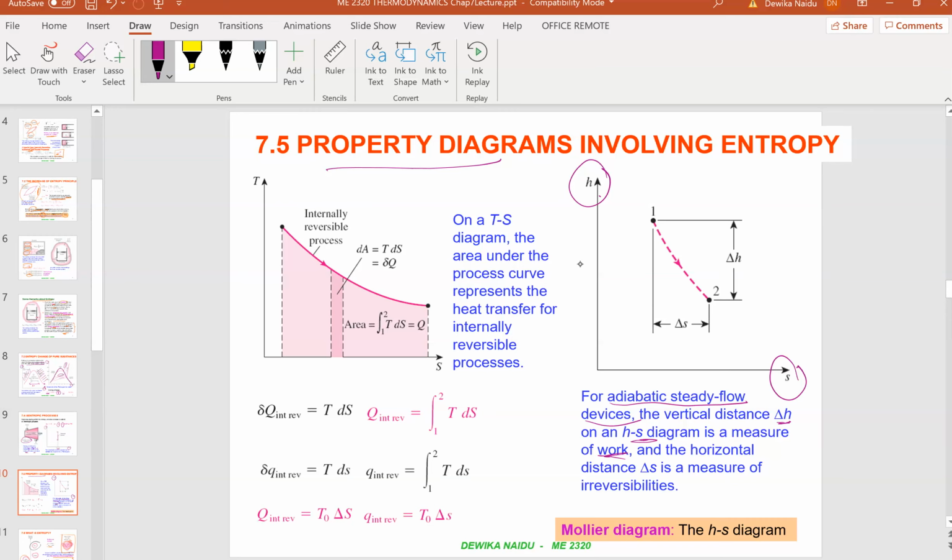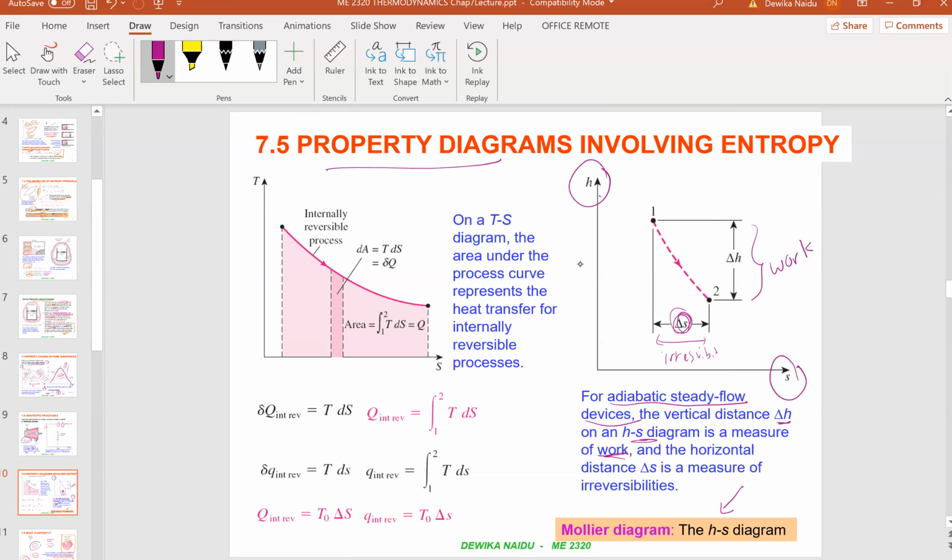Very unique. The horizontal distance will be the irreversibilities. Always we want to keep this as low as possible, but we can't make it 0. This is known as the Mollier diagram.